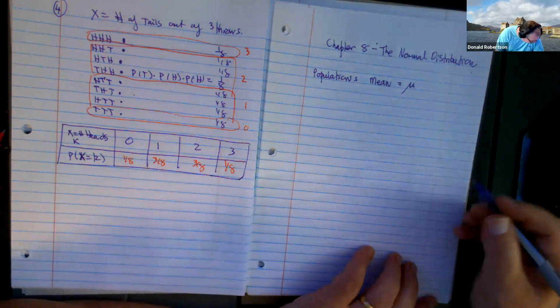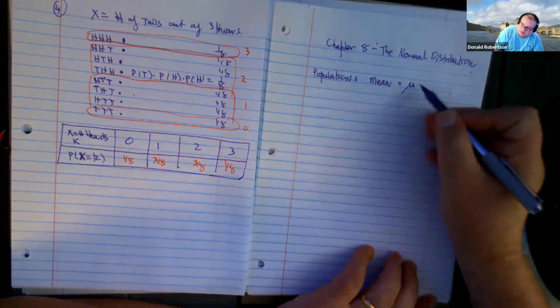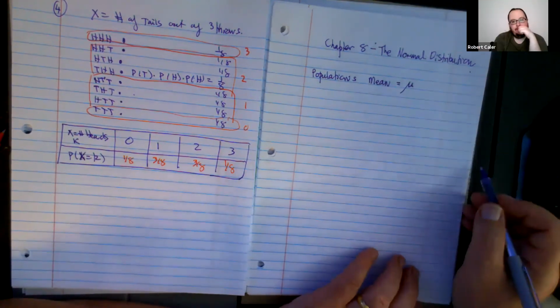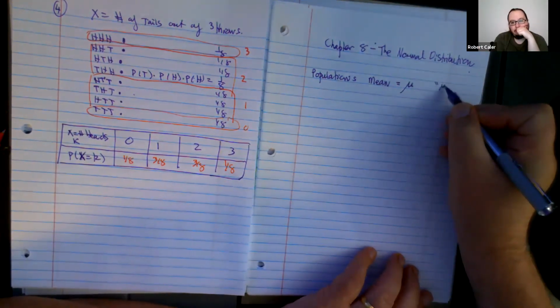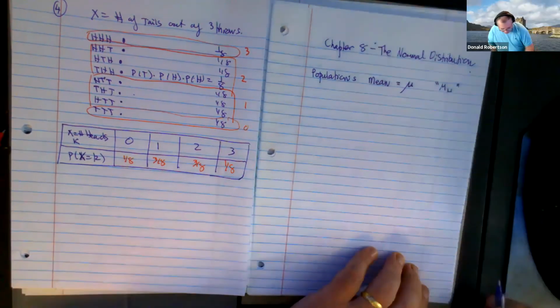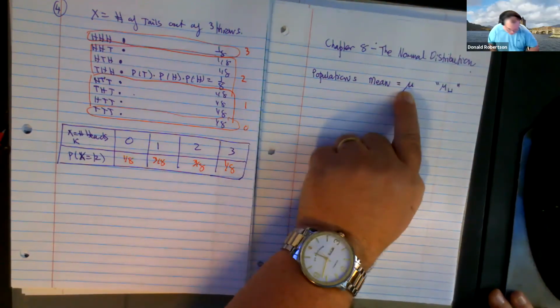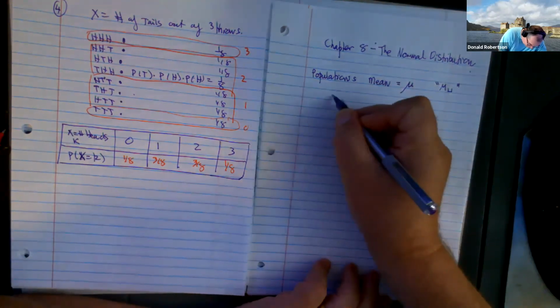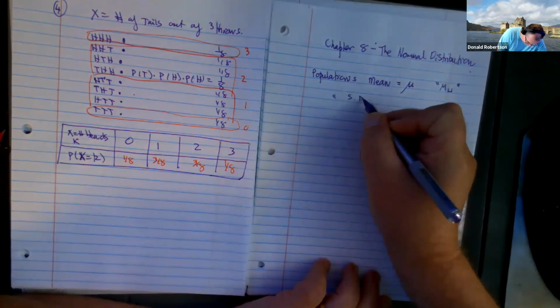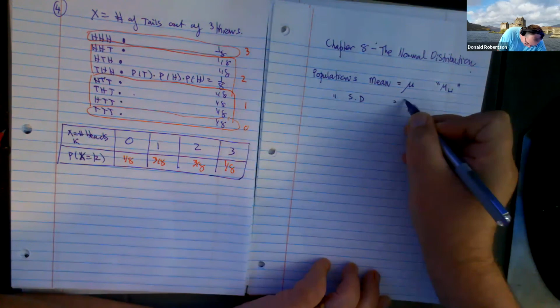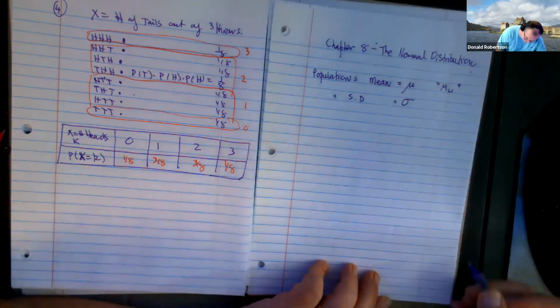Does anybody remember how you read that letter out loud? Yeah. So we're going to look at population means, mu. And we're also going to look at population standard deviation. And we use a Greek letter that looks like that.